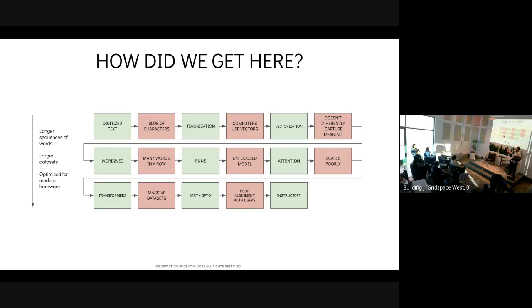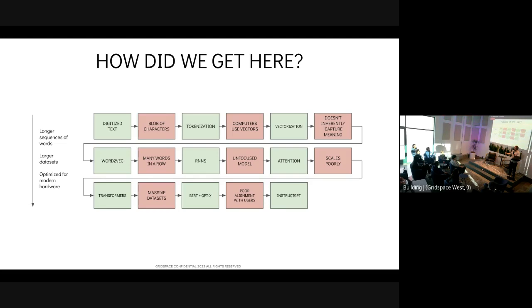The green boxes, and I apologize if you're red-green colorblind, are places we are, or places along our path to building better NLP, and the red boxes are problems we encounter that we have to overcome. And so where we started with Phoebe and Sophia this week, we start with digitized text.